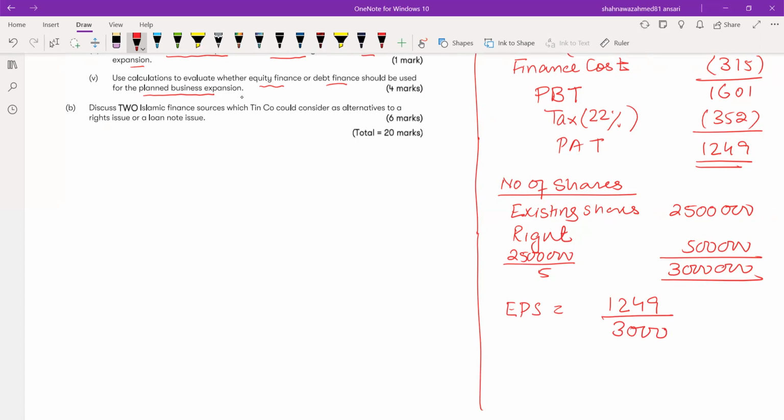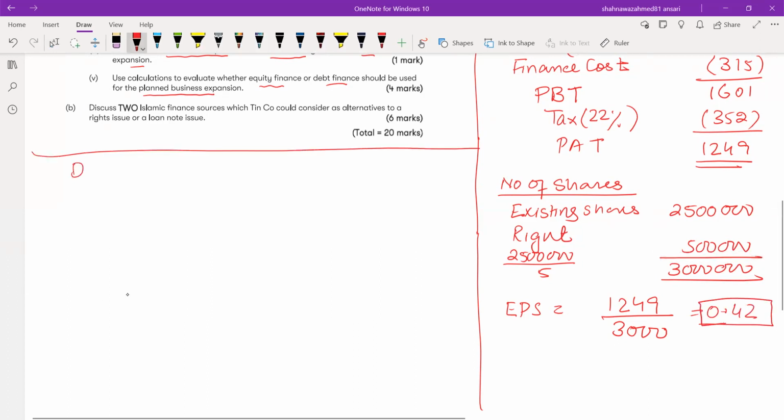As a result, the EPS is 1249 over 3,000. It's 0.416. So it's 0.42 in case of equity financing.